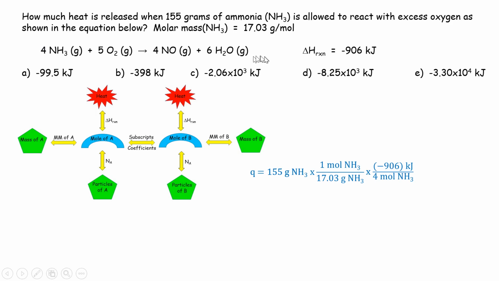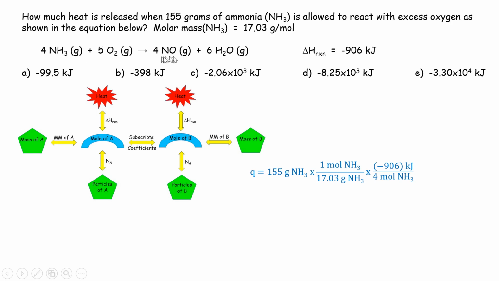In this balanced equation, 4 moles of ammonia reacts with excess oxygen, forms 4 moles of nitrogen monoxide and 6 moles of water, and releases 906 kilojoules of heat.